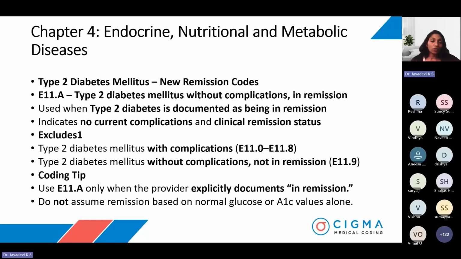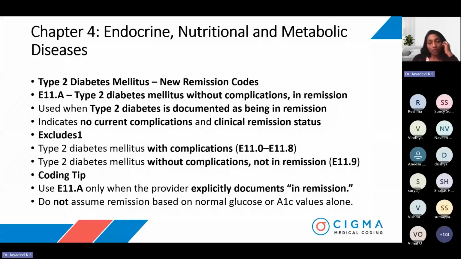It's in the Excludes1 division. Excludes1 can never be coded with the primary code. E11.A is coded only when the provider explicitly documents remission. Do not assume remission based upon normal glucose or A1C values alone. It must be documented clearly and precisely to be used.